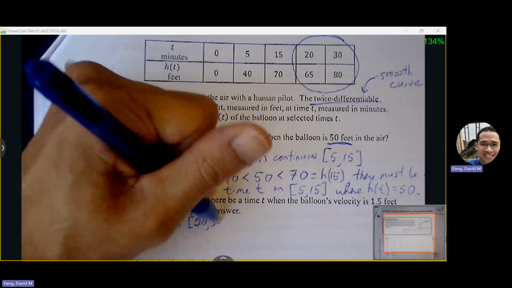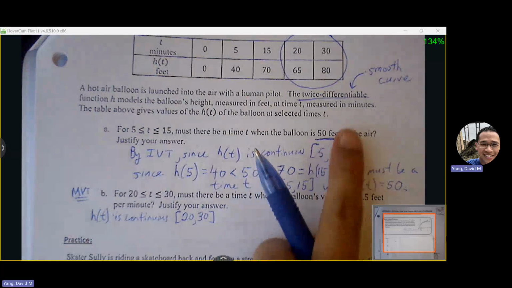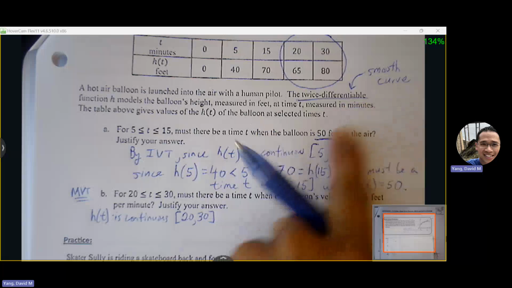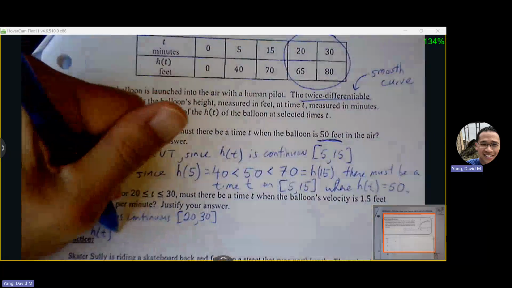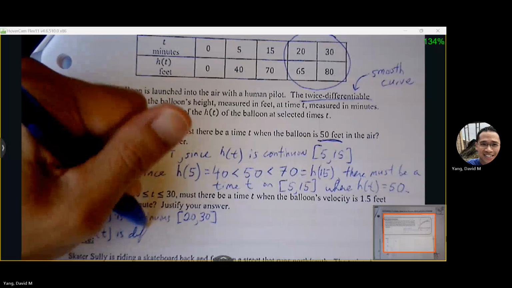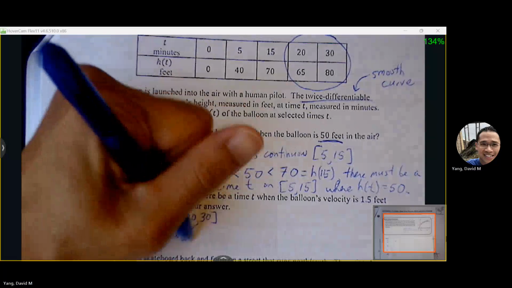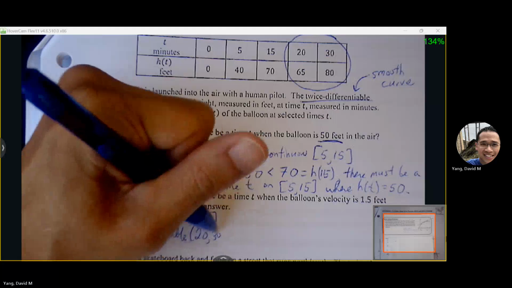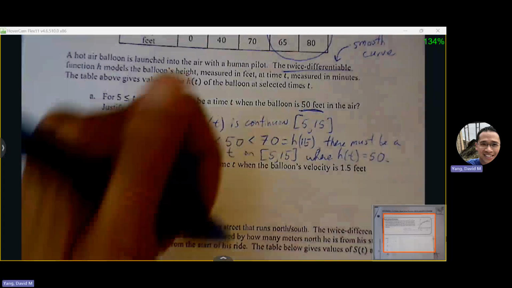We know our h of t is continuous because it's a smooth curve, so it's got to be continuous. And we know it's differentiable because they tell us it's differentiable. Continuous is with brackets, and differentiable is with parentheses.